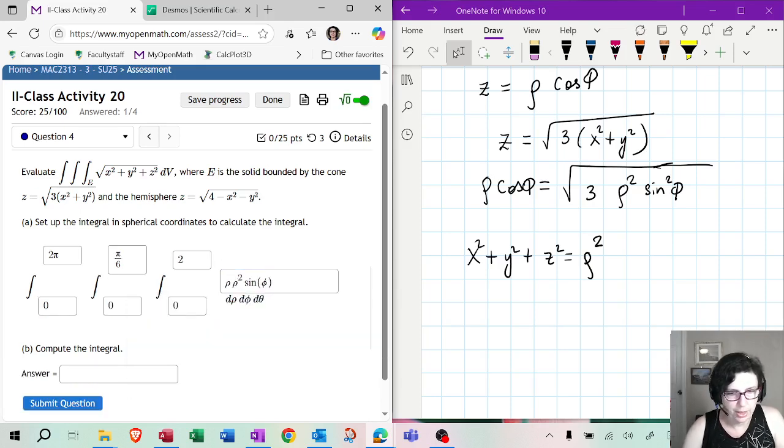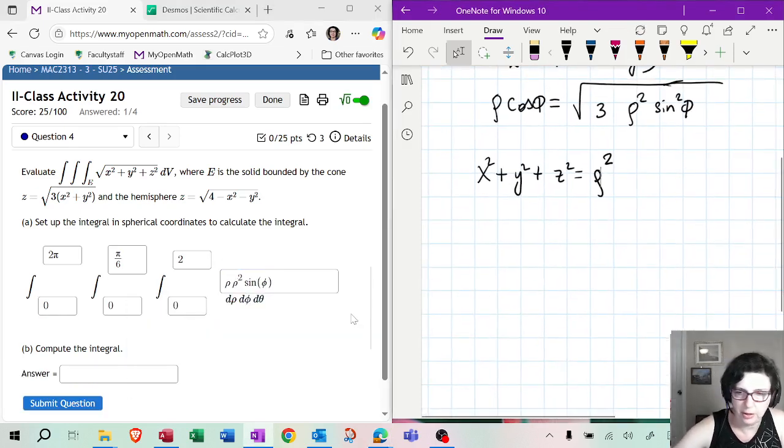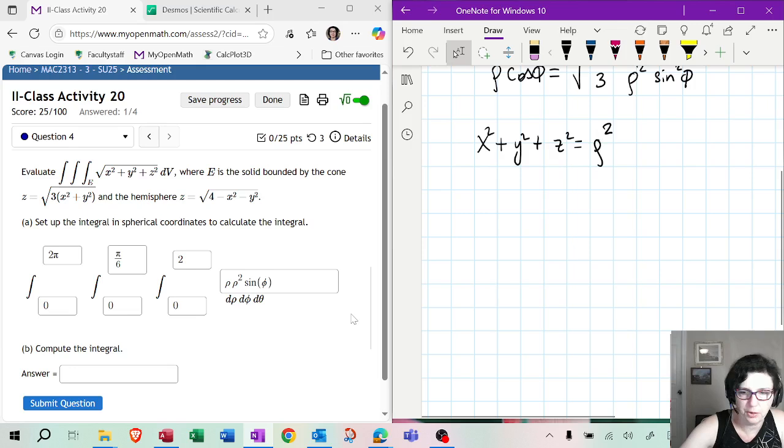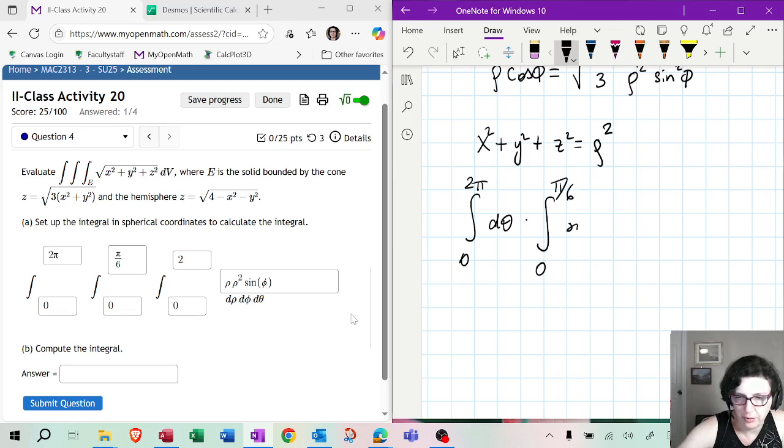That's what you're integrating. This integral is splittable: 0 to 2 pi of d theta, since there is no theta, then 0 to pi over 6 of sine phi d phi, and then multiply that by 0 to 2 of rho cubed d rho.